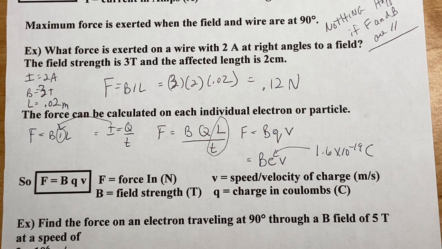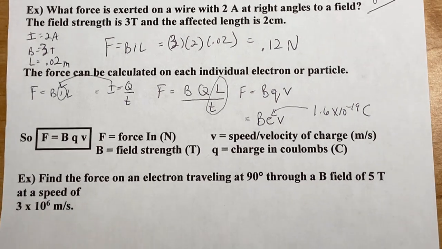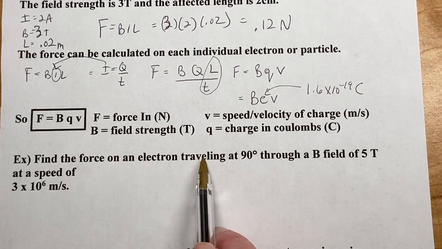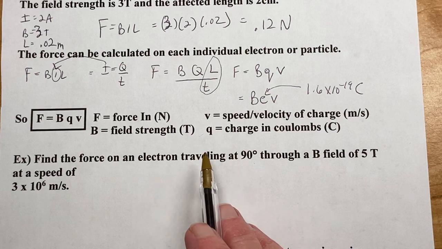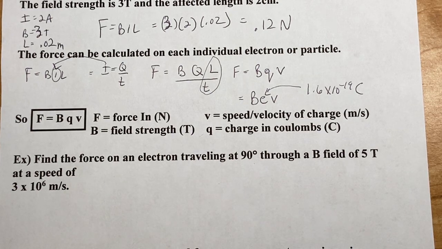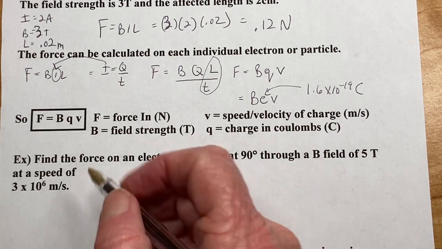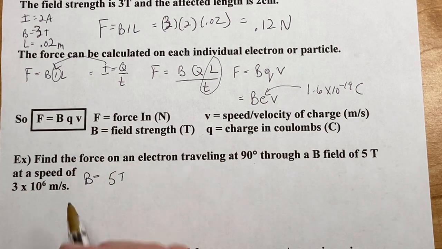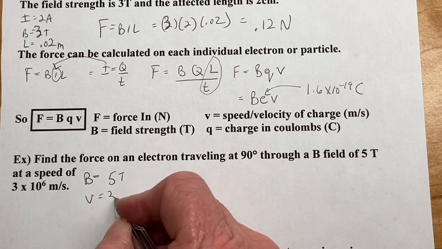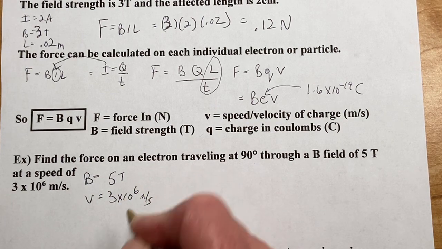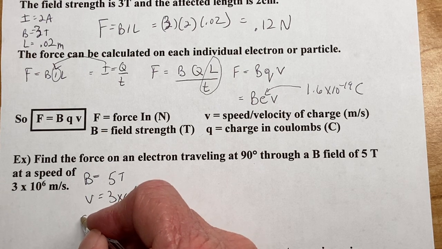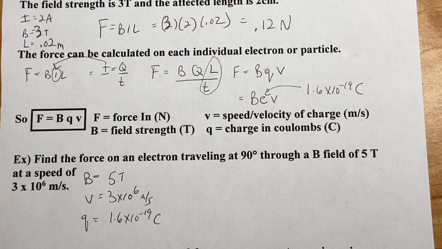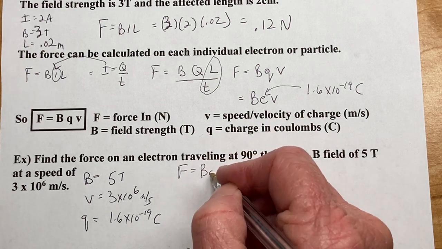So now we're going to find the forces on individual particles, and you're going to have to remember the charge of the electron. All right, so we're going to find the force on an electron traveling at 90 degrees. Again, that's just making sure you know it's not parallel and you don't get a trick question where it's 0. So B is 5 Tesla, V is 3 times 10 to the 6 meters per second, and the q, or the e, is 1.6 times 10 to the negative 19th coulombs. So F equals BqV.